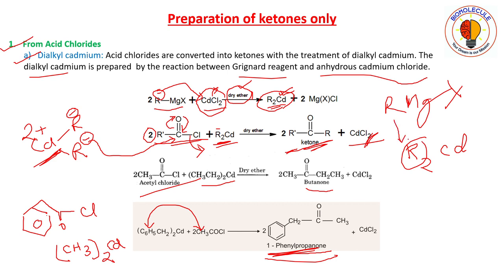So why have we not used Grignard reagent here? Why do we have to convert? Why do you have to use dialkyl cadmium? We have to take anhydrous cadmium chloride along with Grignard reagent, then the alkyl from Grignard reagent will shift to cadmium and then it will do the reaction.